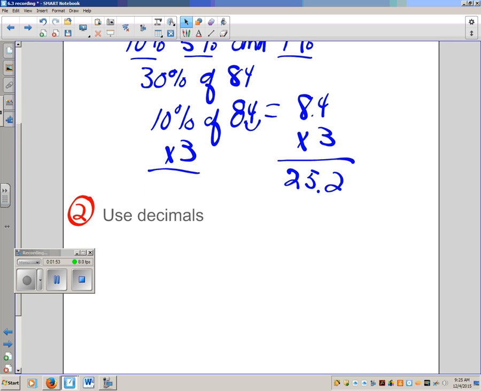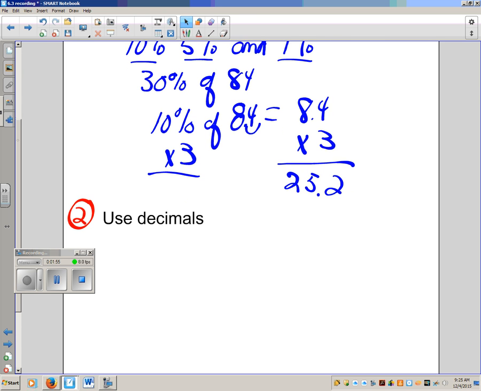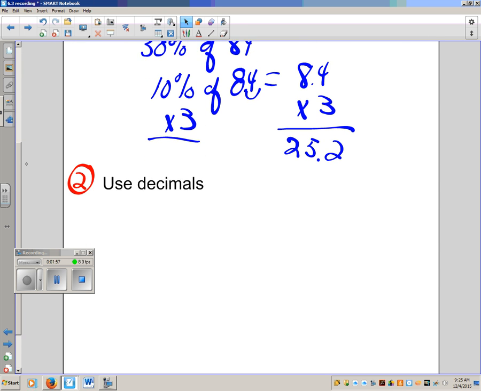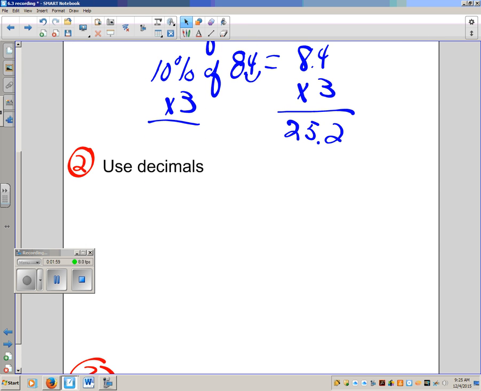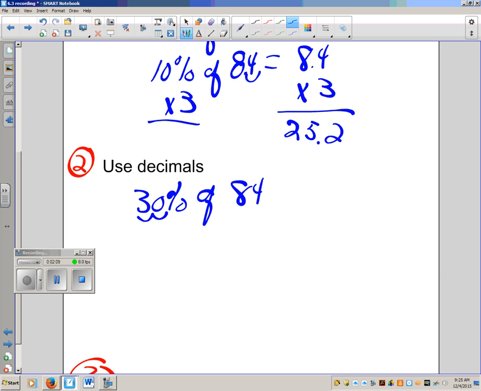Second way, we're going to use decimals. 30% of 84. Change your percent to a decimal, so it's 0.30, you can drop the 0, 0.3.